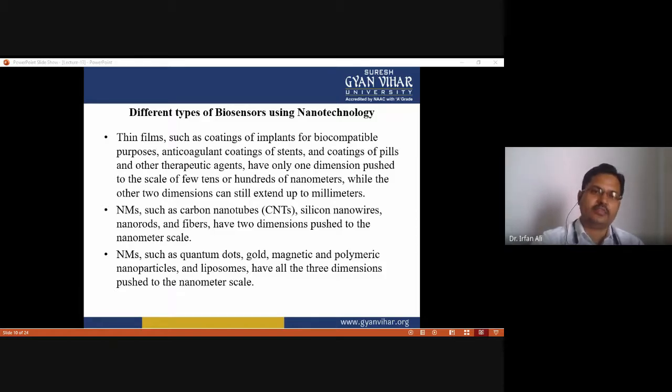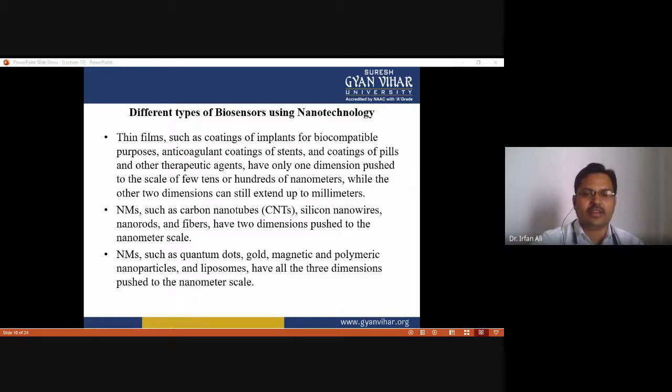And various kinds of nanomaterials, such as gold nanoparticles, are used in in vitro diagnosis and even imaging, okay, for the imaging of various types of cancer.